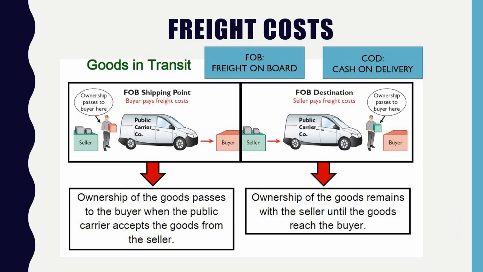So in this case, who is responsible for the items at this point? FOB shipping point is the buyer is responsible to pay for the shipping from the selling point to the midway point. Okay? Why is that?